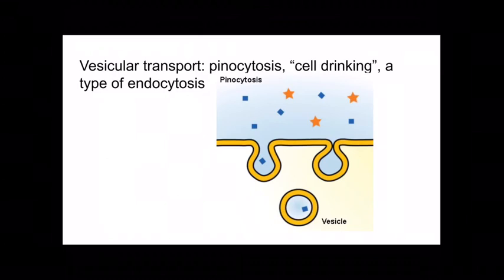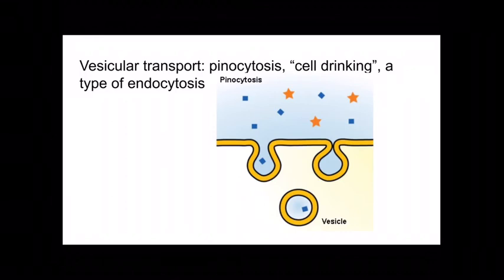And instead of the cell membrane reaching those pseudopods out to encapsulate a foreign cell, the cell membrane actually drops down in, forms like a dimple. And so then extracellular fluid fills that dimple, and then it pinches off across the top and forms a vesicle. So now that vesicle is filled with extracellular fluid. So that's cell drinking, or pinocytosis.